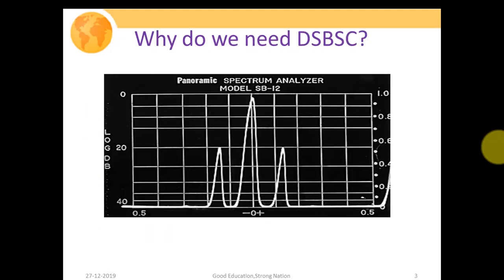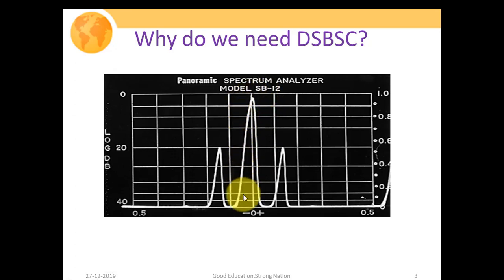So here is the need of double sideband suppressed carrier systems. This particular figure shows the spectrum analyzer view of our traditional AM signal. As we already know, our traditional AM signal consists of three basic components: one is the carrier signal, one is the upper sideband, and one is the lower sideband.